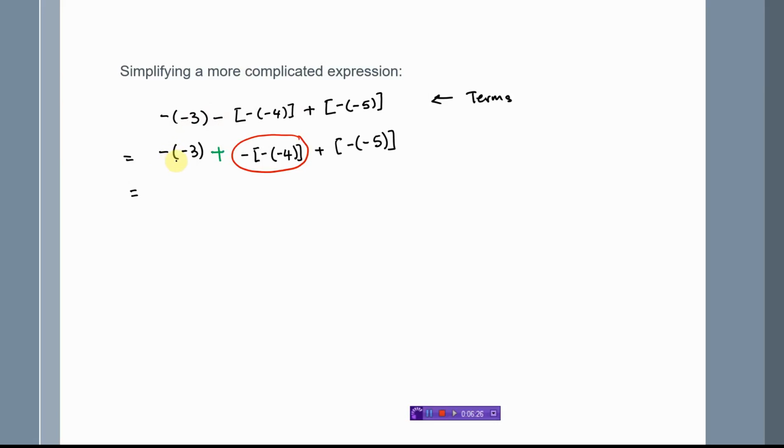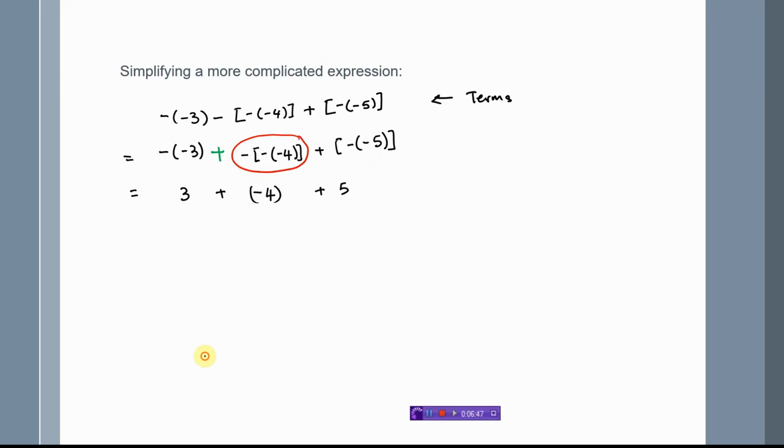If I have an even number of negative signs, it's simply positive. When I look inside what I've circled here, there's an odd number of negative signs, so overall my number is negative 4. My last term, there are two negative signs, so this is plus 5.